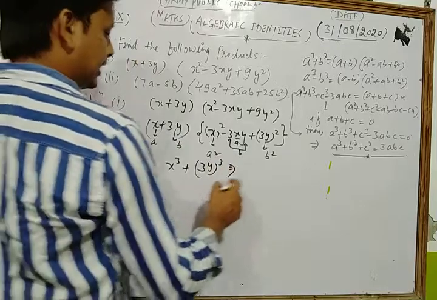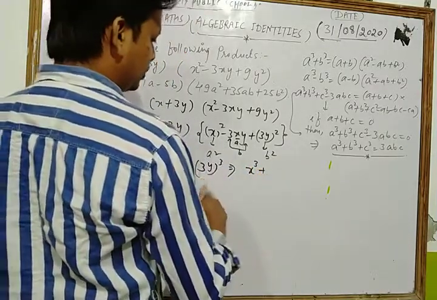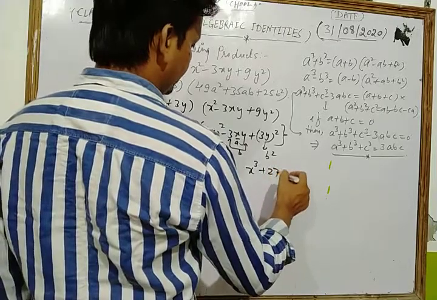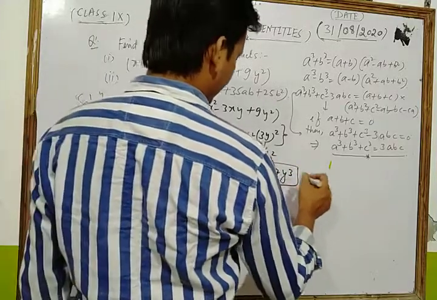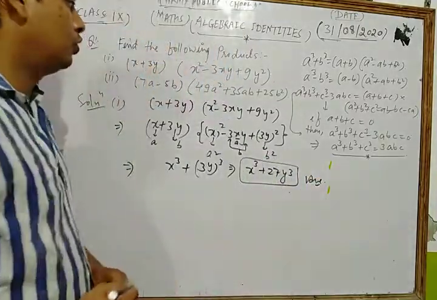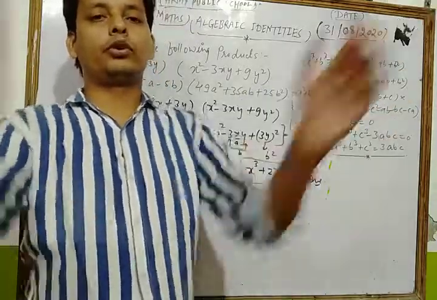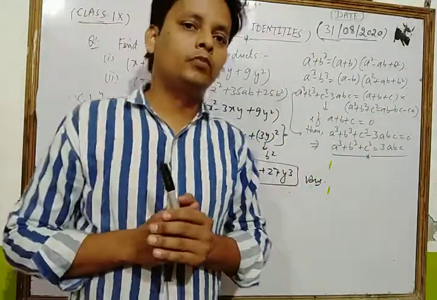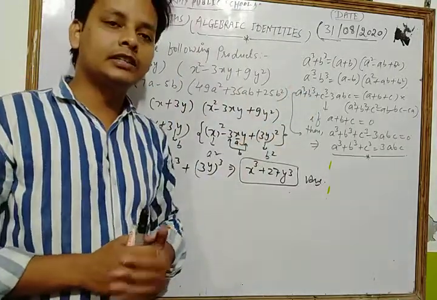So we get our answer as x cube plus 3 threes are 9, 3 nines are 27, 27y cube. So dear student, this is our final answer. Now you can solve each and every question of your NCERT exercise based on these types of algebraic identities in this way.